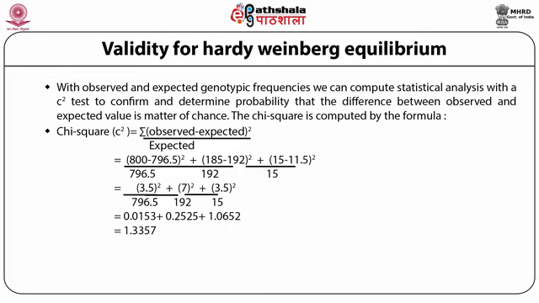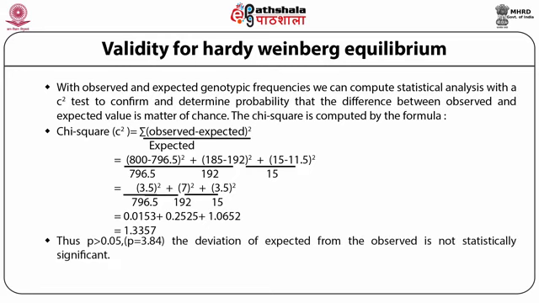We can apply the formula to all three genotypes and obtain a value. In this case, the value is 1.3357. The critical value at 0.05 is 3.84 and our value is 1.3357. This shows the deviation of expected from observed is not statistically significant.